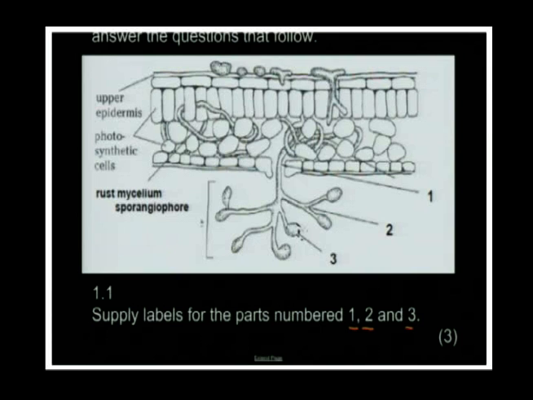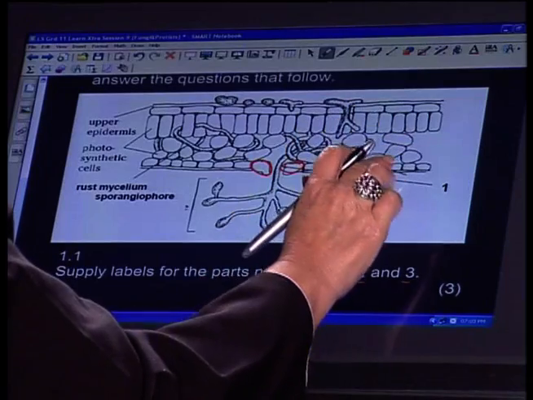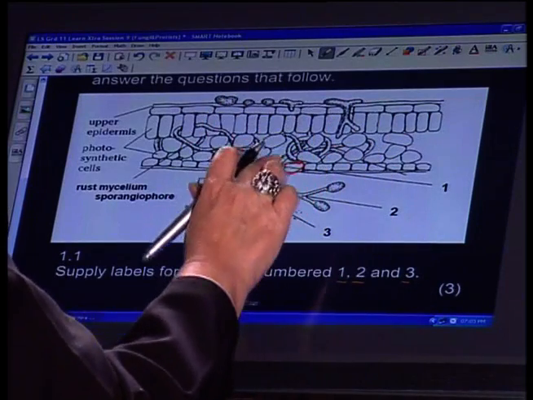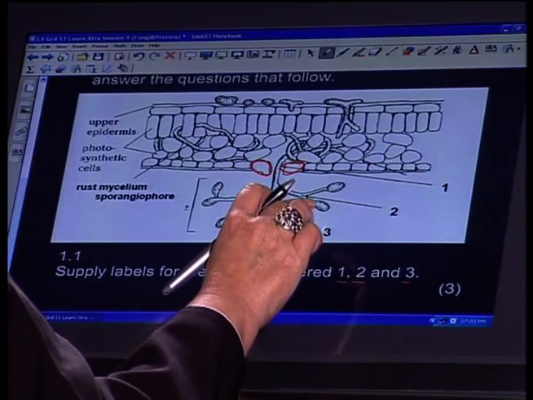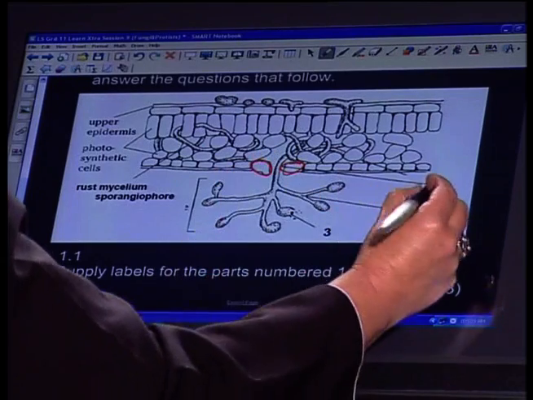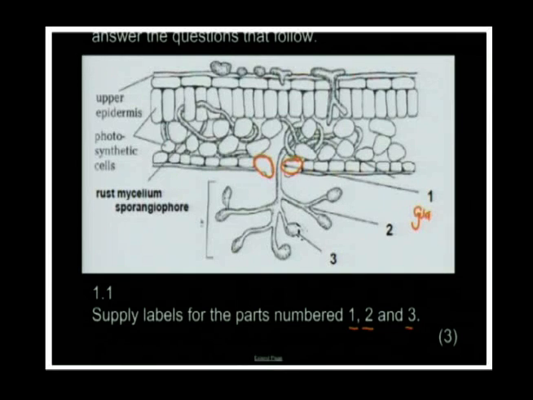If you look at label number 1, it's actually pointing to these 2 cells, or this area over here. What you can see, the potato leaf, there you can see in the darker color, that's the fungus growing out of it. So label number 1 is going to either be guard cells or stomata.